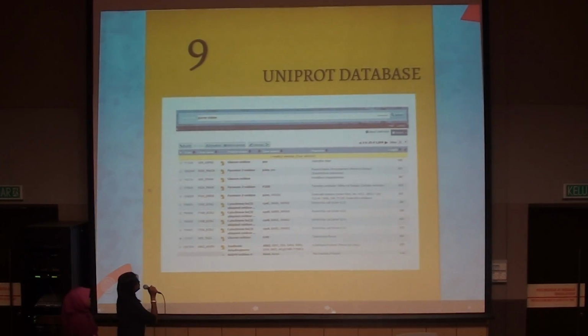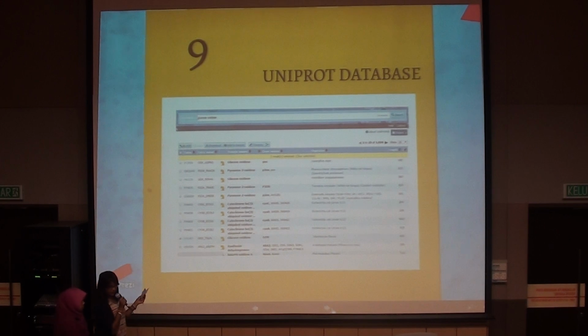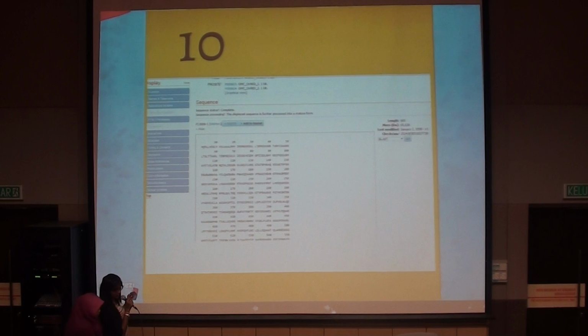Okay, then to obtain the active site of an enzyme without any lab work, go to the UniProt database and compare the amino acid sequences with other species.